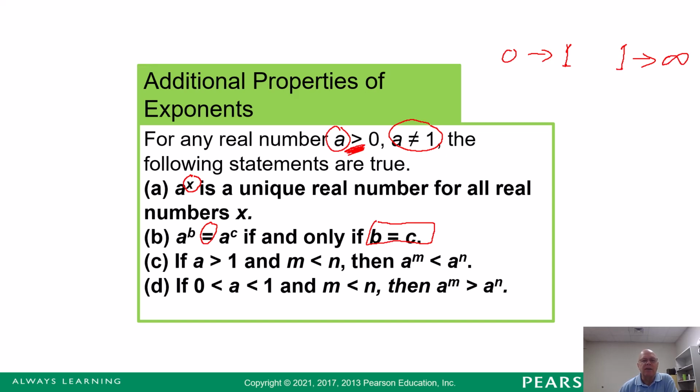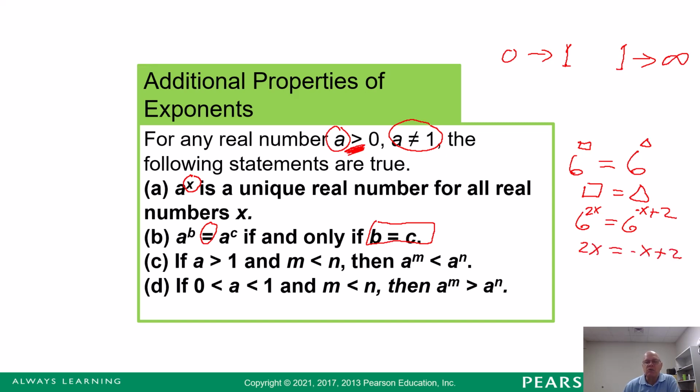So let's say 6 to the square equals 6 to the triangle. That means the square and the triangle are the same number. If we had 6 to the 2x, for example, equals 6 to the minus x plus 2, then that means 2x equals minus x plus 2. That's what we're going to use.